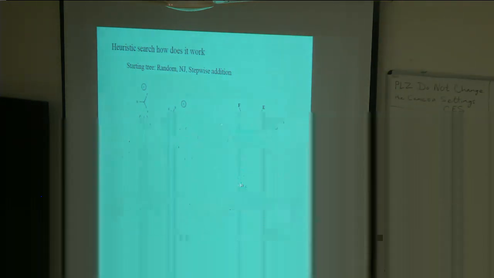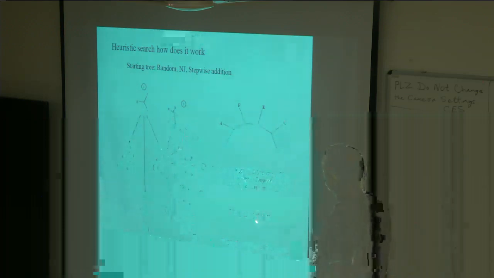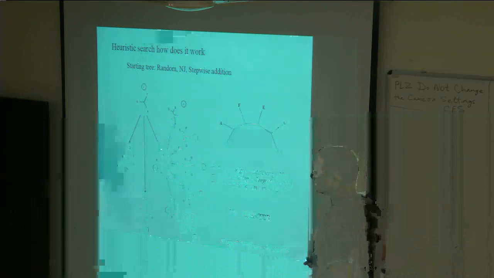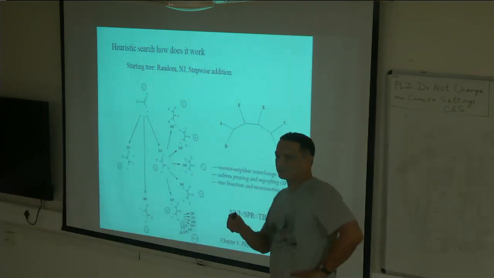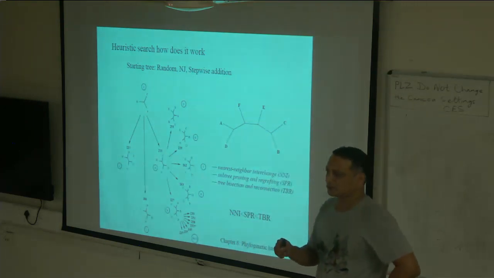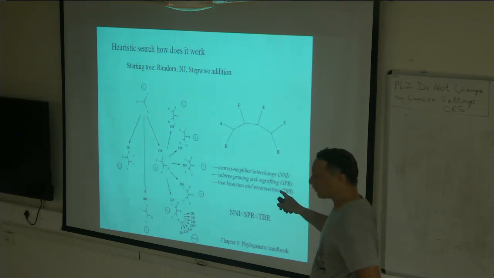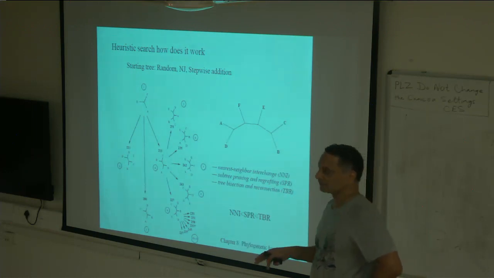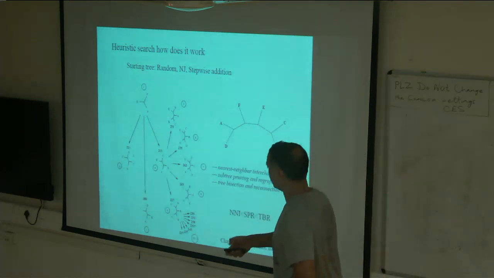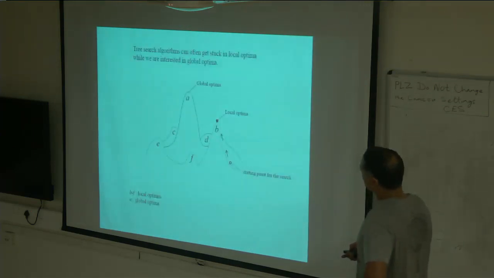So for the commands that I've shown here, tree bisection and reconnection is the most computationally intensive. These are all from one particular program called PAUP, P-A-U-P. But these settings are also there in most other programs, so you might have to look into that. Okay, so any questions regarding this?